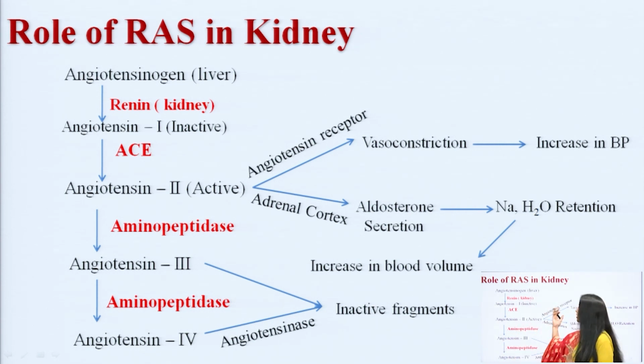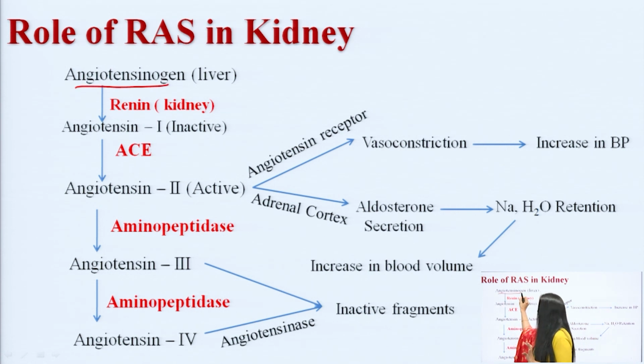So, let us discuss here angiotensinogen. From the previous slide, angiotensinogen is synthesized in the liver. When the angiotensinogen has been synthesized in the liver, it will interact with renin.